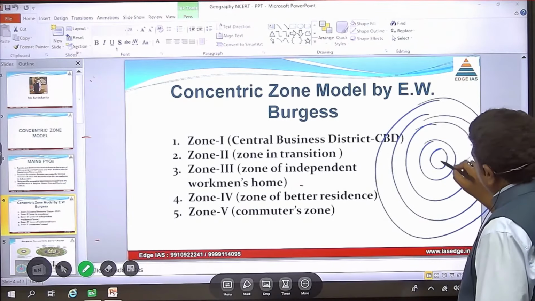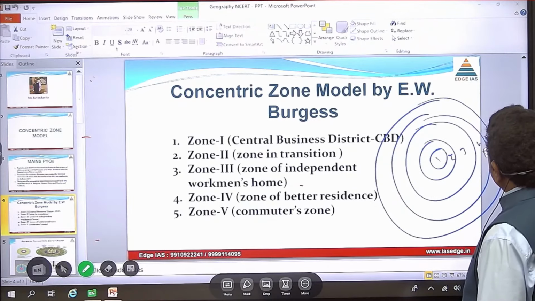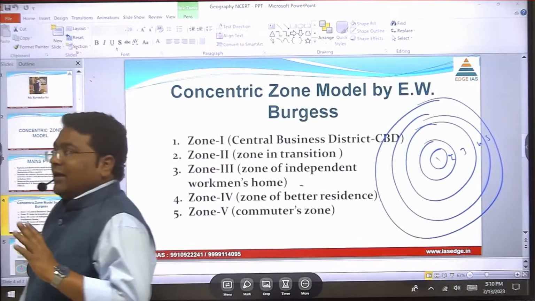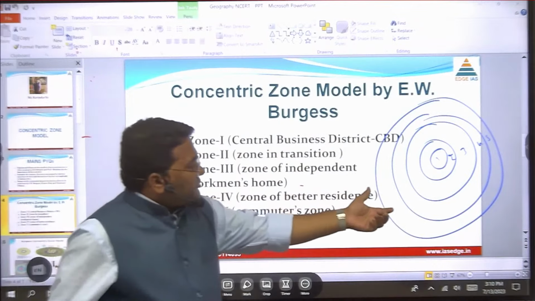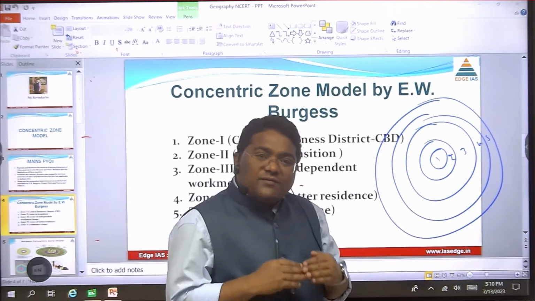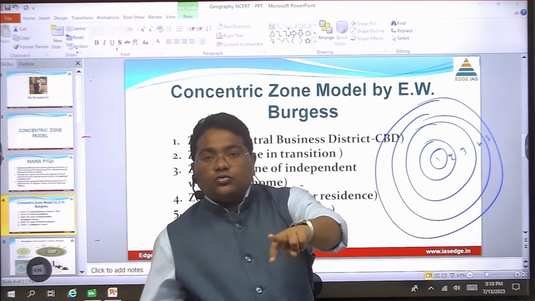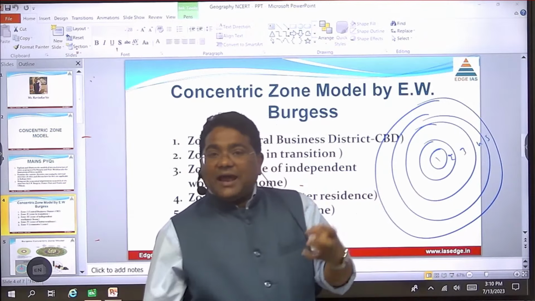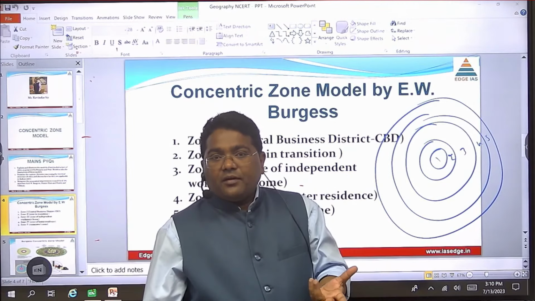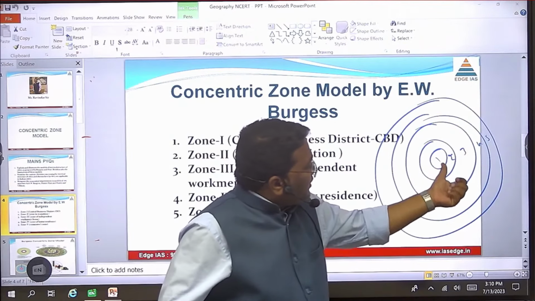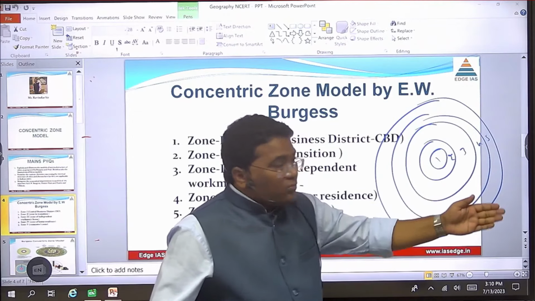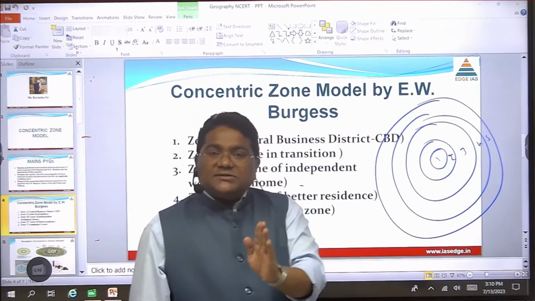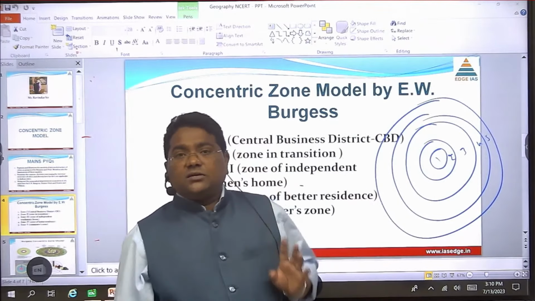These five zones reflect the growth of the city from the inside to the outside. Inside, the land value is high, and as you move from 1 to 2 to 3, going from the inside to the outside, the land value decreases, as per the author.